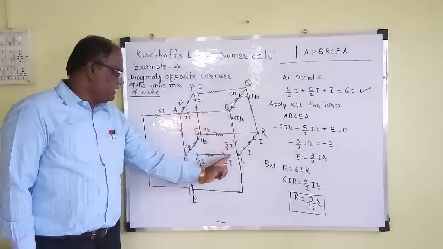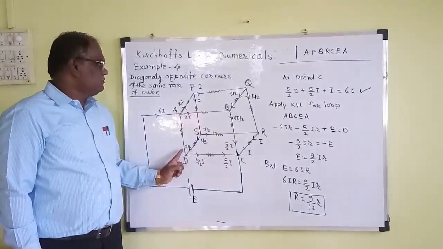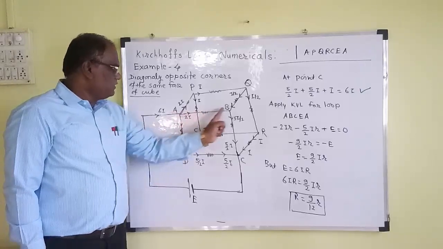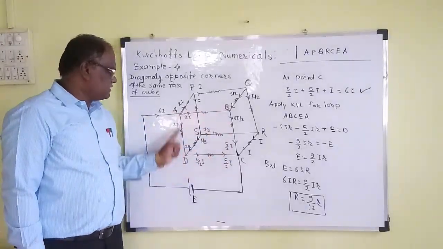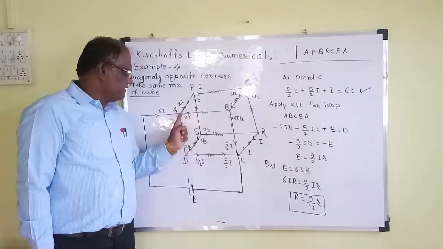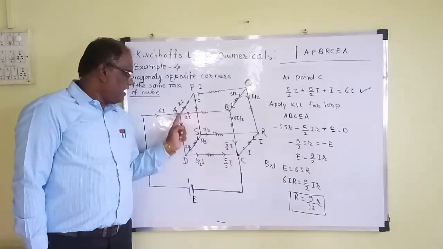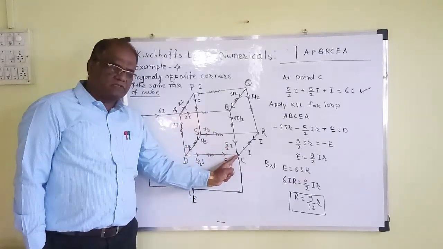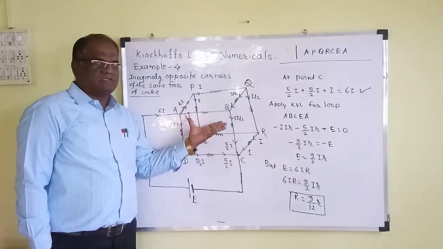This ABCD is one of the bases. Now this ABCD is a face. A and C are the 2 points which are diagonally opposite corners of the same face.